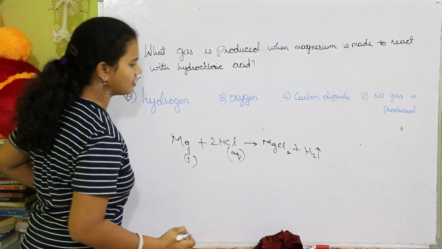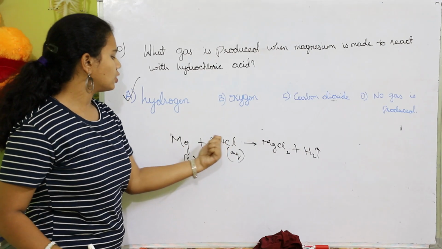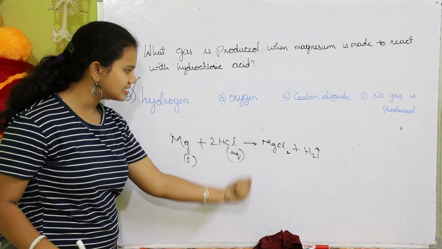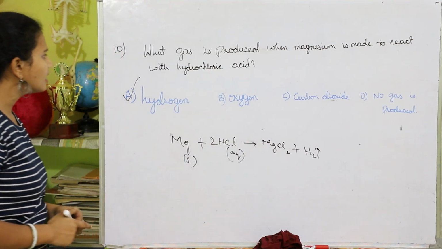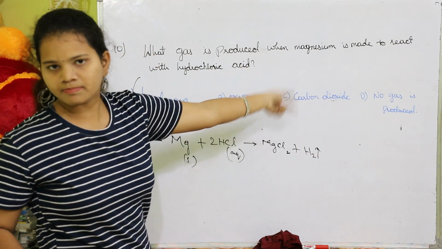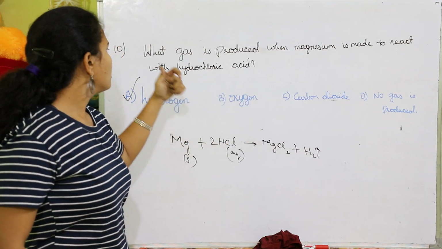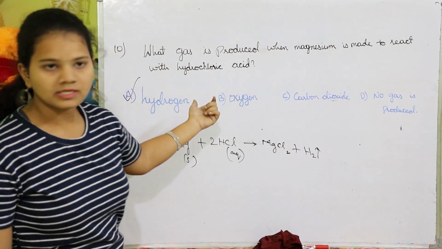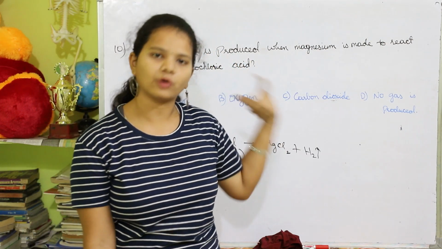Therefore the correct option is hydrogen. When magnesium reacts with hydrochloric acid, hydrogen gas is evolved and produced.